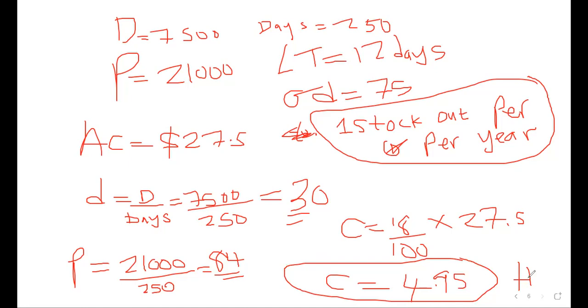All right. So now we have to find our economic lot size, the first one, which is the square root of 2DS over C multiplied by P over (P minus D).